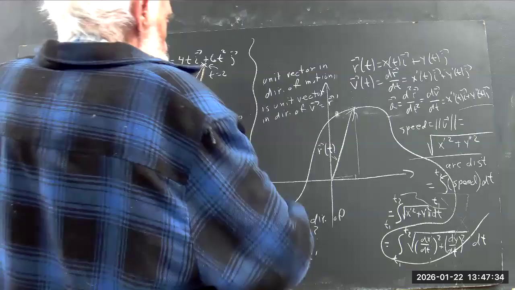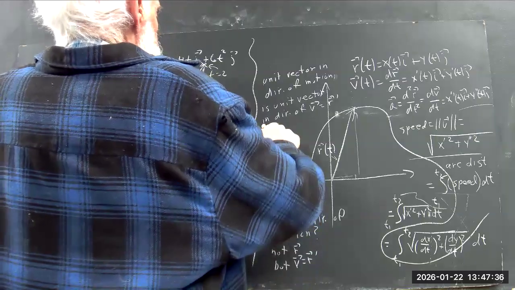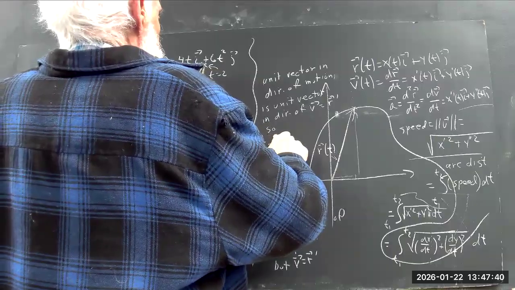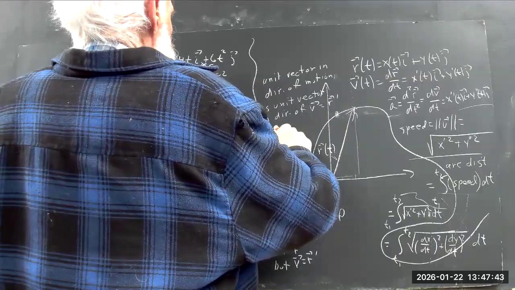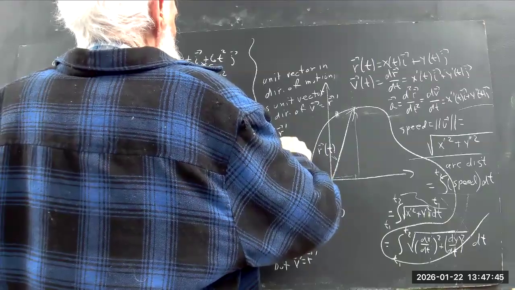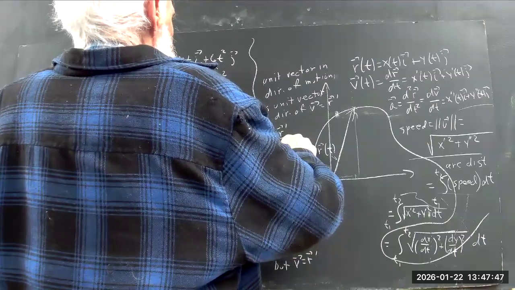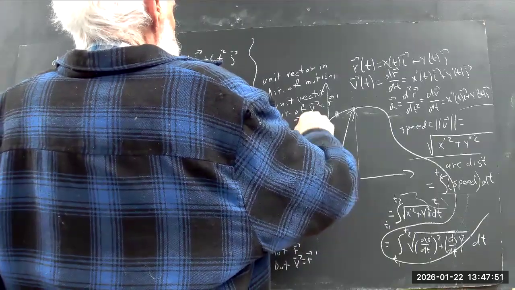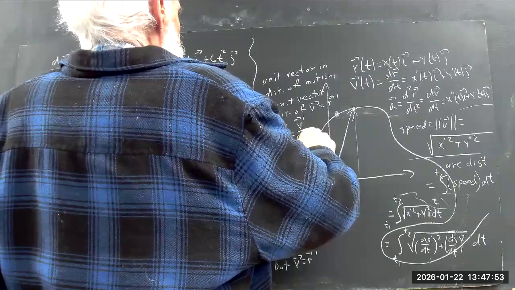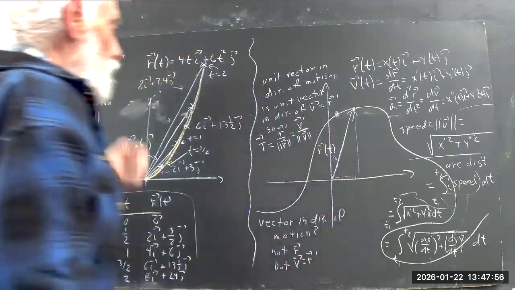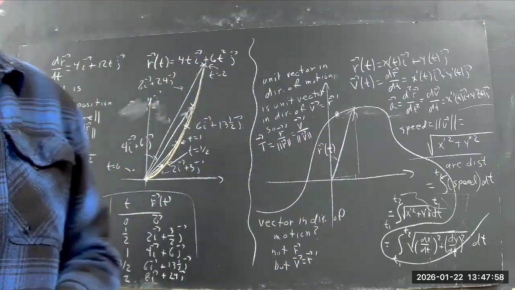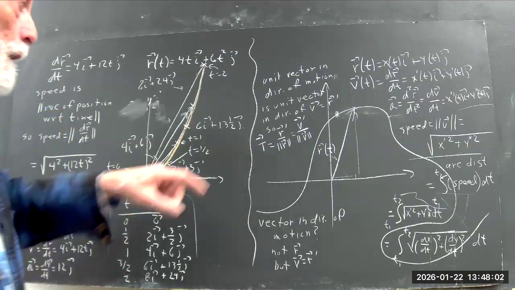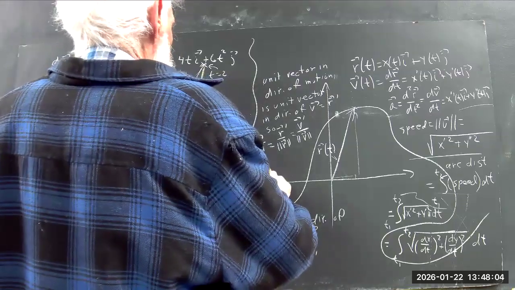And if you take a unit vector in that direction, it's r prime over its magnitude, or if you prefer, dr/dt over its magnitude. Fair enough? And T is your unit tangent vector.